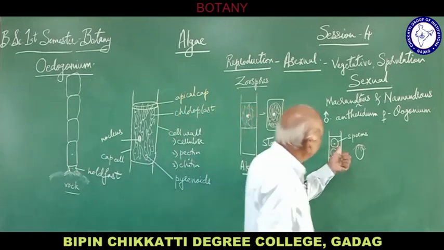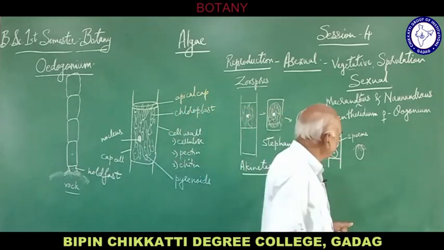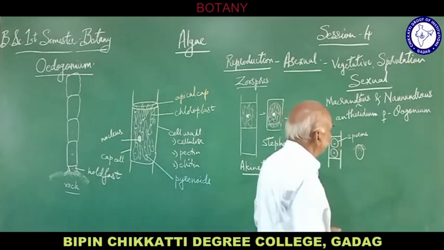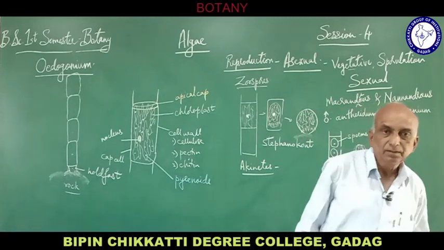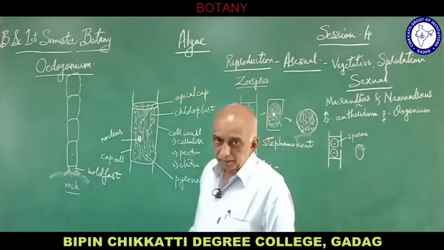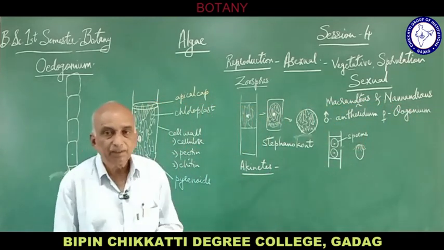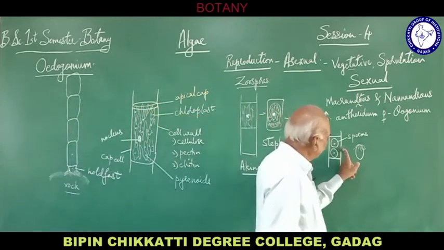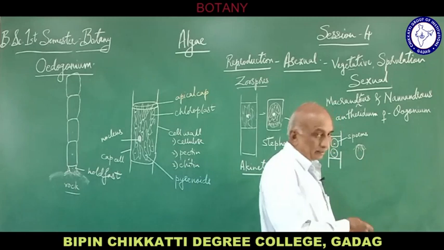Here the male gametes, the sperms, they are released by the rupture of this wall of the Idogonium. So the cell of the Idogonium gets ruptured and then it will release the sperms in the water.